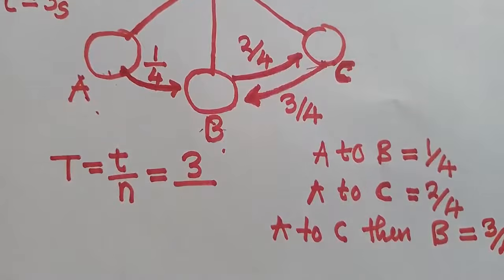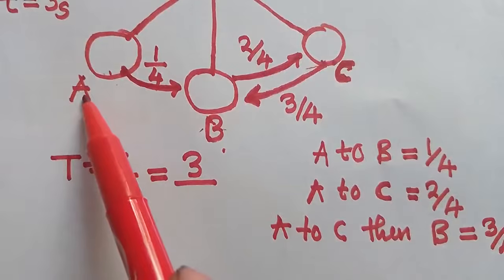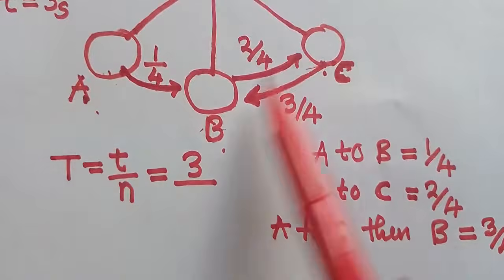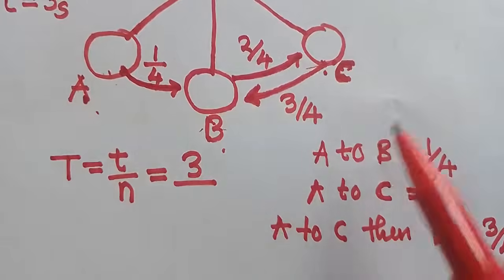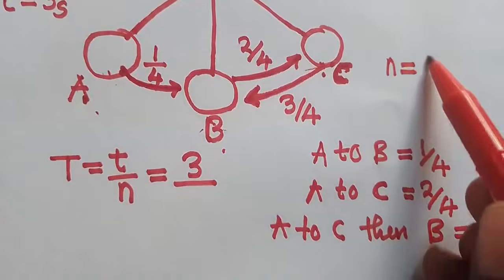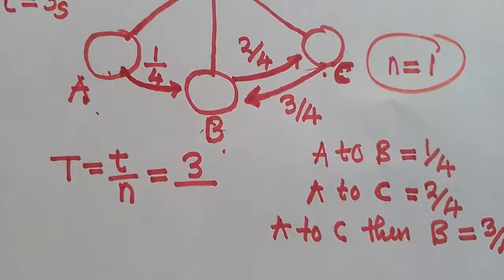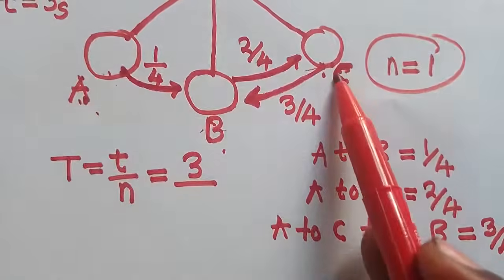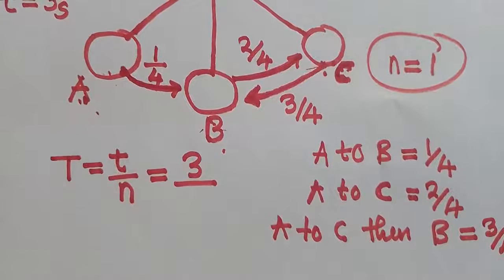This is what you need to understand. Then if it moved from A to C, C to A, that is a complete turn. So which is what? 1. We just say N is equal to 1 because it is a complete turn.